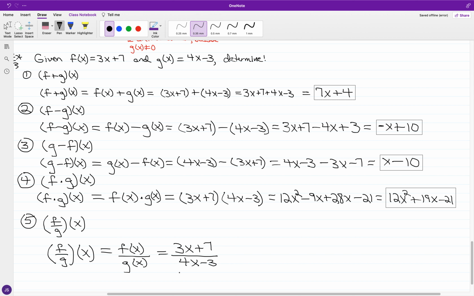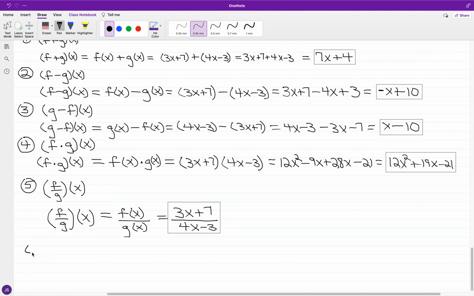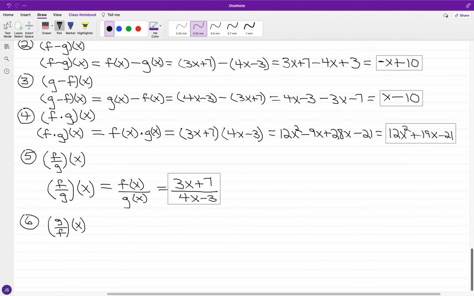And just to mention too, if I had it the other way around, where I have g over f of x, so g is at the top, f is on the bottom.